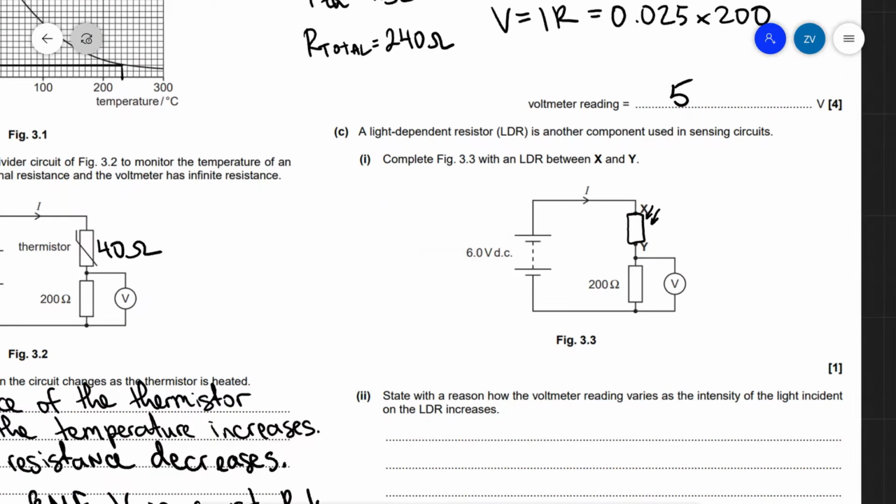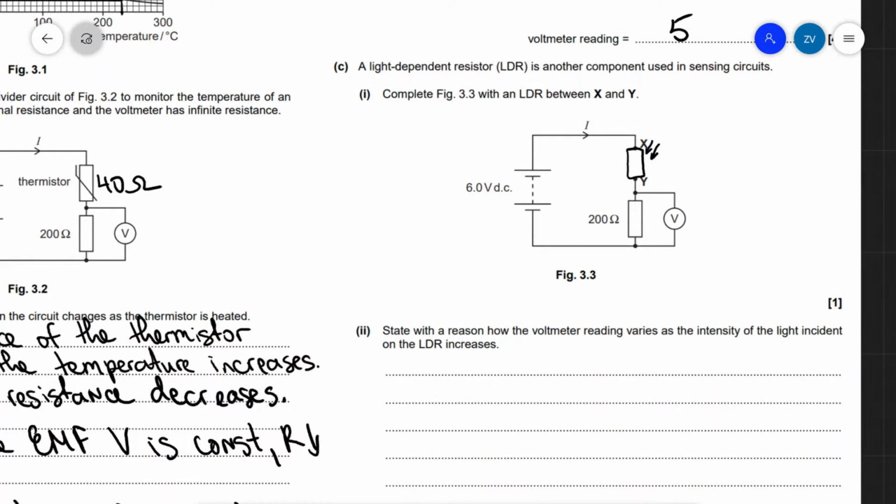State with a reason how the voltmeter reading varies as the intensity of the light incident on the LDR increases. Well, the LDR has a very similar curve for its resistance against light intensity.